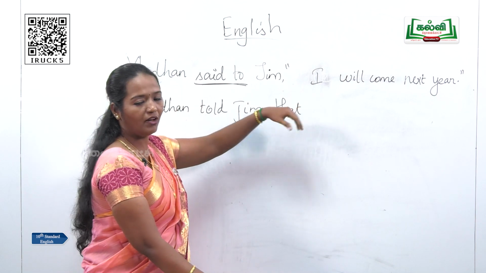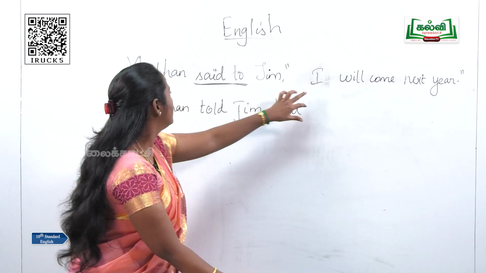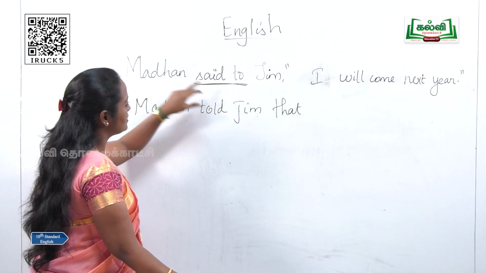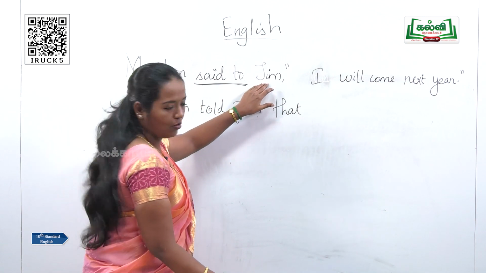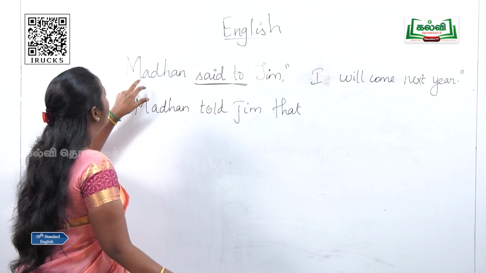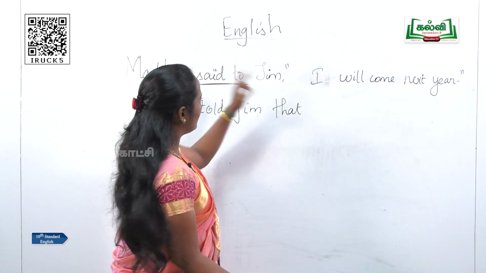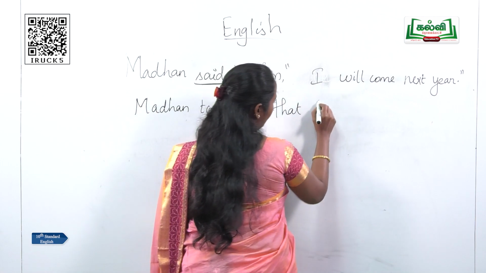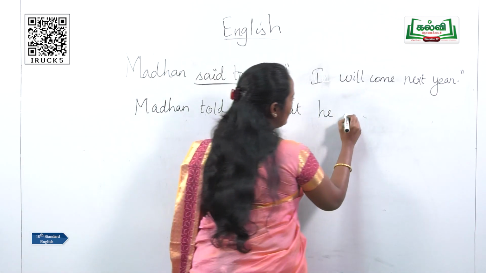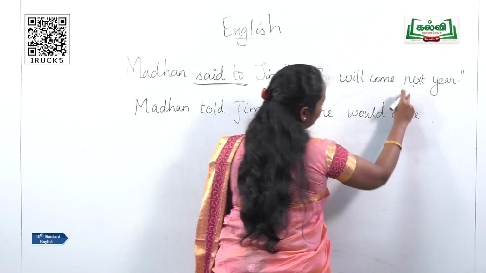So this pronoun will have to change into what? I will become. So here this I, look at this sentence. Madan said to Jim. So Madan is a masculine gender and Jim is also a masculine gender, right? So Madan is telling something to Jim. So who is coming next year? Madan is coming. So what is the pronoun for that? That's he, and will becomes what? Would come next year.